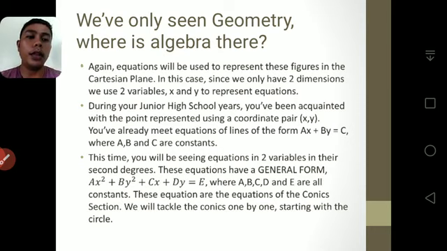This time, you will be seeing equations in two variables in their second degrees. So, when we have a second degree equation, we expect a curve. These equations have a general form ax squared plus by squared plus cx plus dy is equal to e, where a, b, c, d, and e are all constants. These equations are the equation of the conic section. We will tackle the conics one by one, starting with the circle.